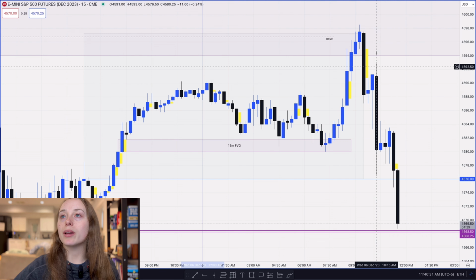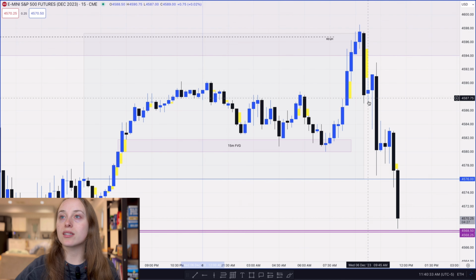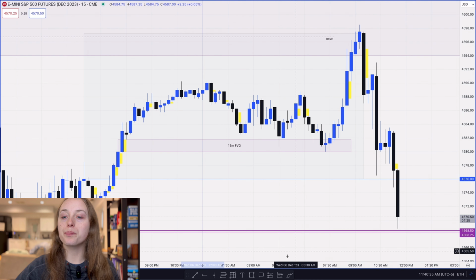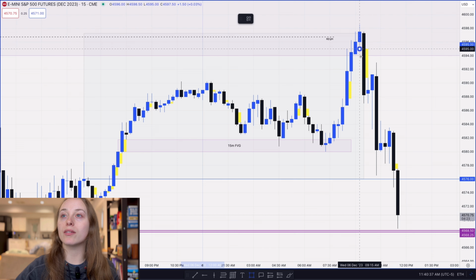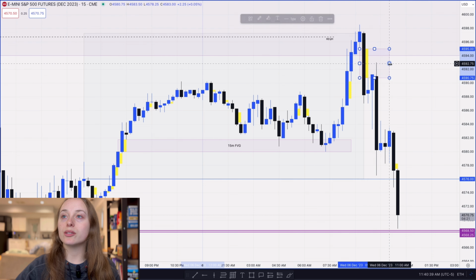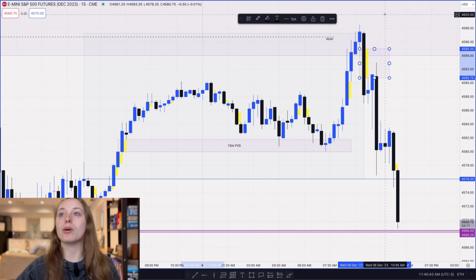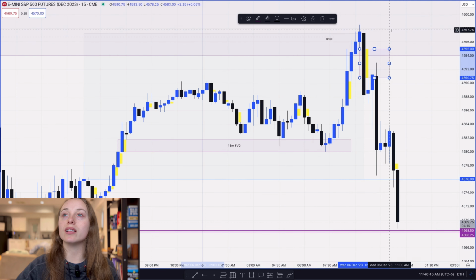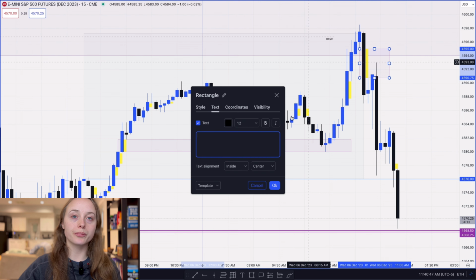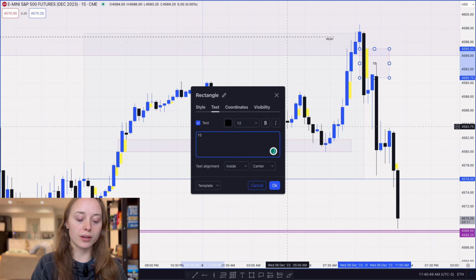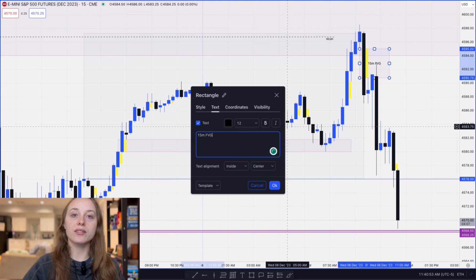So even right here, we actually traded down, having this really nice displacement run at 9:30, leaving behind this 15-minute fair value gap. So we had this nice displacement run down after taking out those relative equal highs, after trading into that weekly fair value gap.